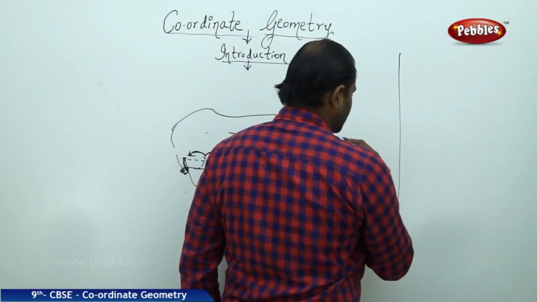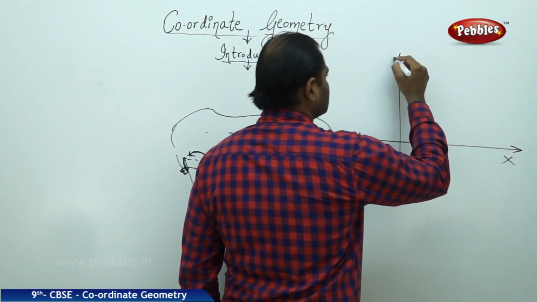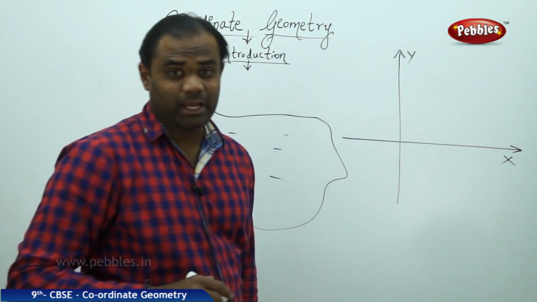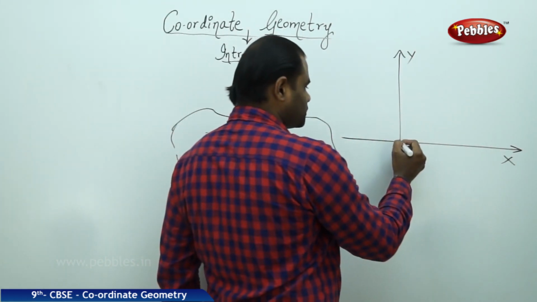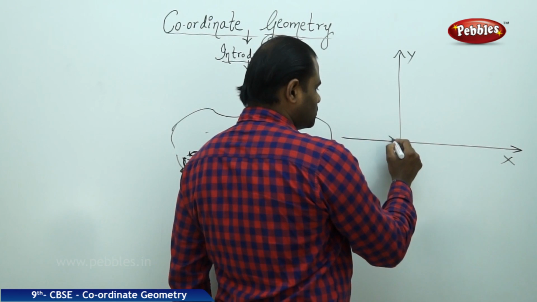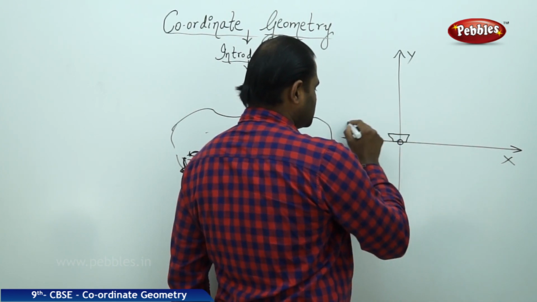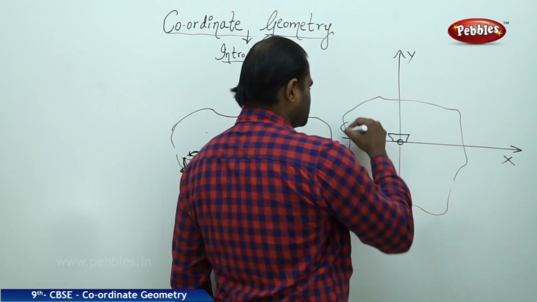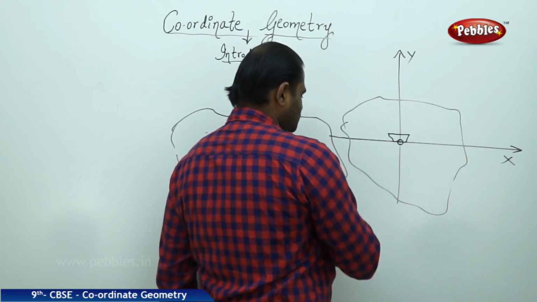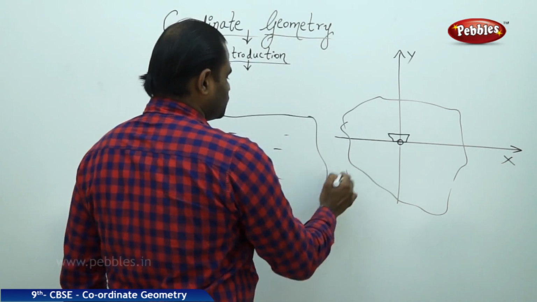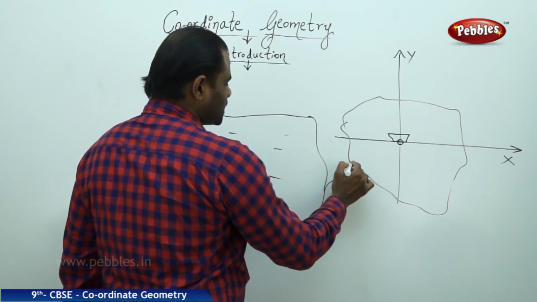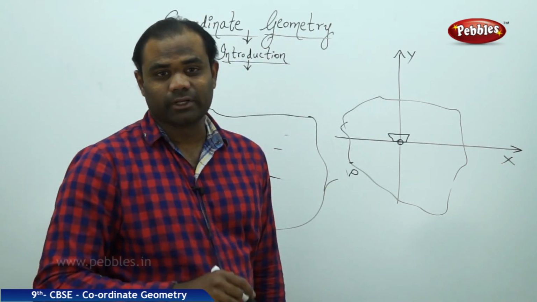So I assume a graph. I assume x and y axis intersecting at origin, and I assume the ship is at the origin initially in the sea. Now his destination to reach at point P is identified through coordinate geometry.